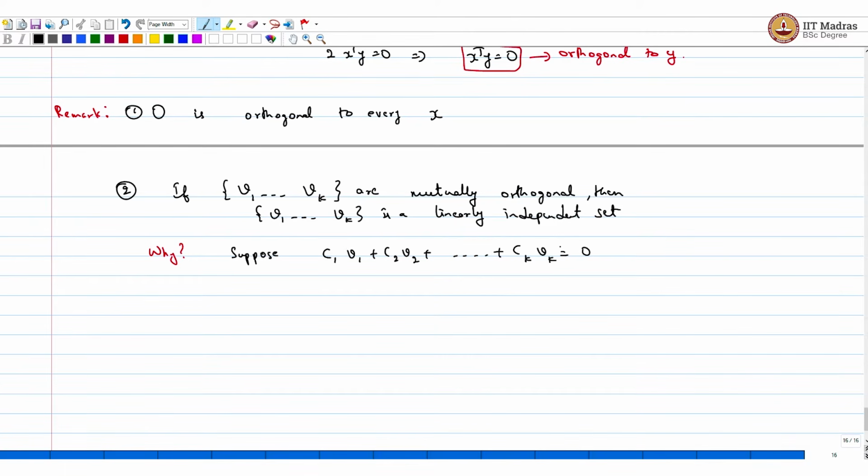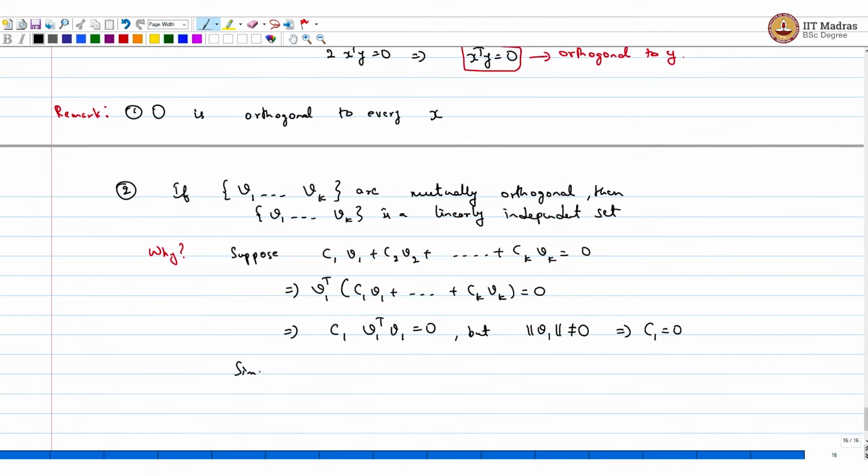Now if I take the dot product with v1 on both sides, I get 0. This implies c1 times v1 transpose v1 equals 0, but v1 transpose v1 is not 0, which implies c1 equals 0.